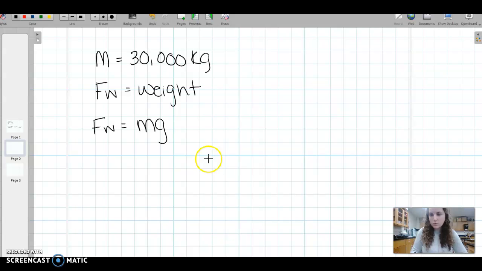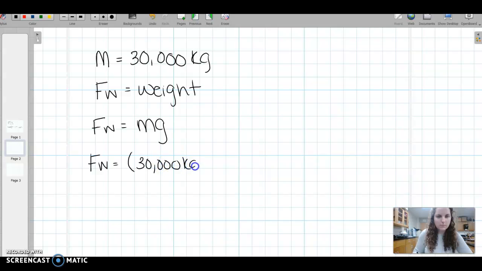Because this whale is on Earth, and what is causing all of us to have weight? g, right? So Fw is equal to your mass of 30,000 kilograms times 10 meters per second squared. This will give us a weight of 300,000 newtons.